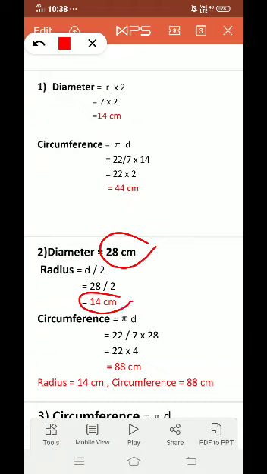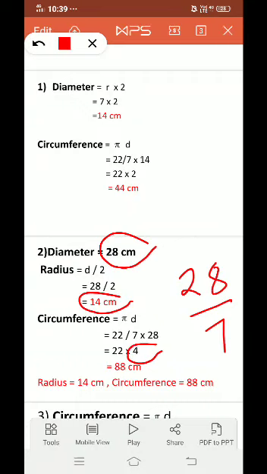Okay, now next one is circumference. In the previous sum also we used the same formula, pi into d, and here also we are using the same formula, pi into d. Now 22 upon 7 multiplied by 28. Now see, 28 is in the numerator and 7 is in the denominator. That's why if you divide 28 by 7, then you are getting 4.